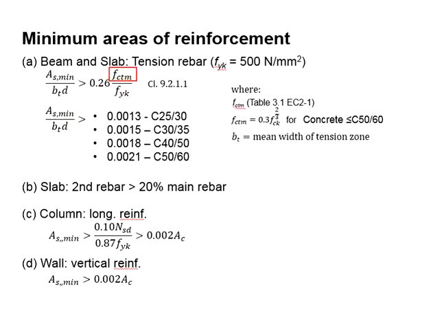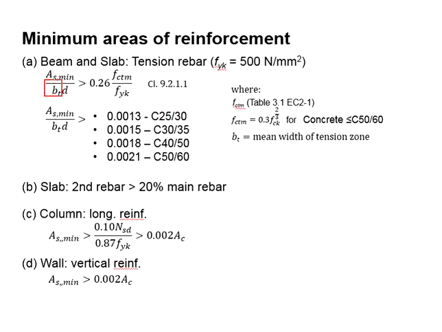Based on the compressive strength of the concrete given, you find the fctm. You can get the fctm from Table 3.1 in Eurocode 2, or you may adopt the equation here if the concrete grade is less than 50. And then the fyk will be the specified yield strength for the reinforcement used in the slab, which is 500 Newton per mm square.